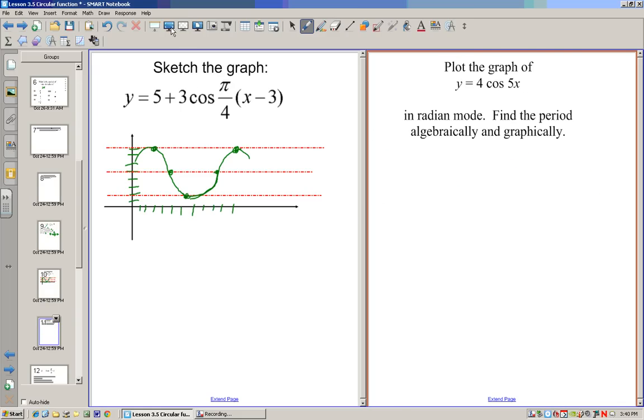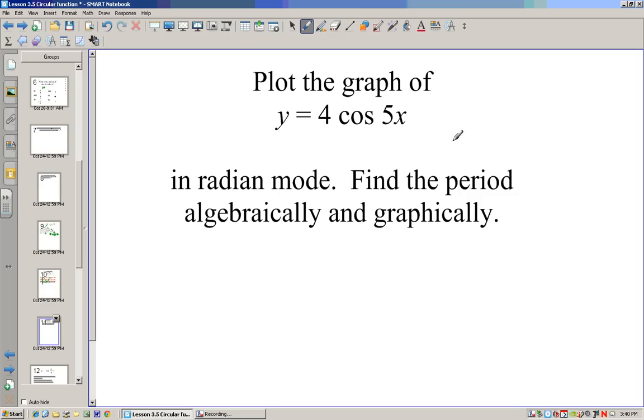All right, so now if this says plot cosine of 5x, we can do this on our calculator, but what this does is it takes the period, which is normally 2 pi, and we're shrinking it by a factor of 5. So the period is just 2 pi divided by 5, because the horizontal dilation factor is 1/5.